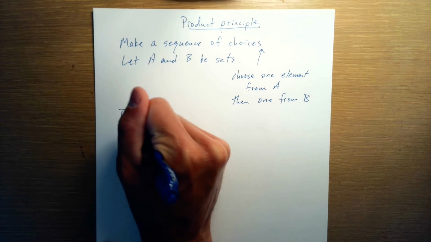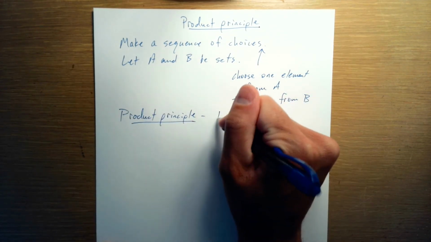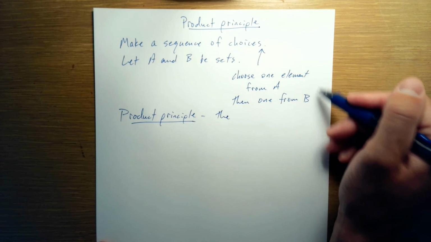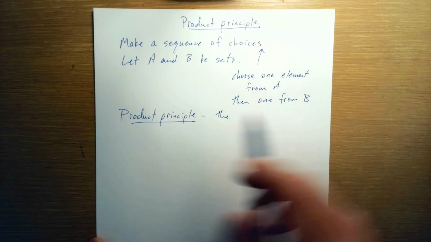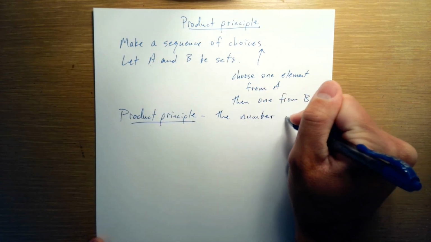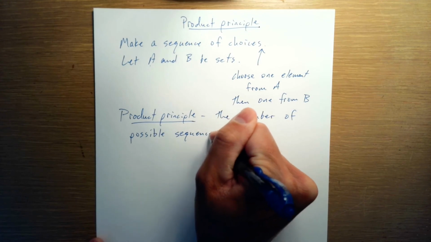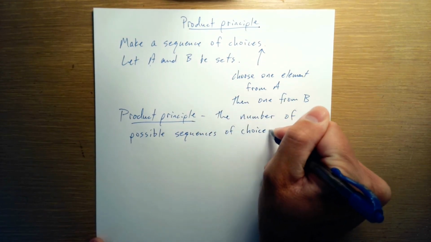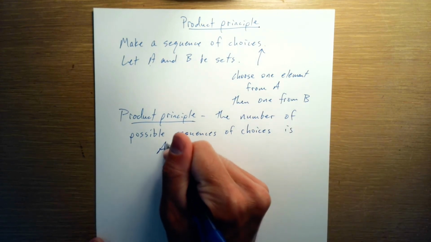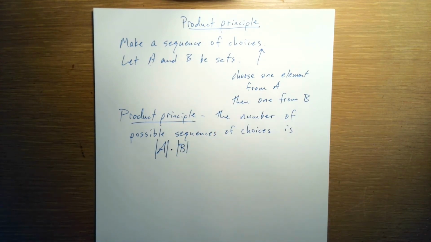Then the product principle itself states this. It's going to tell us the number of ways that we can make this sequence of two choices, in this case, is the product of the cardinalities of A and B. So in other words, the number of possible choices, and we'll say sequences of choices, is number of elements in A times the number of elements in B. So that makes sense, because when we make our first choice, we can choose any of the things in A, and then given each of those choices, I have this many choices to make for the second element.